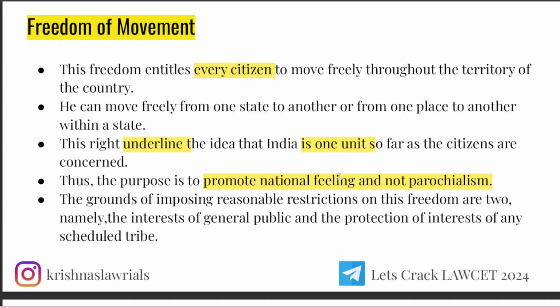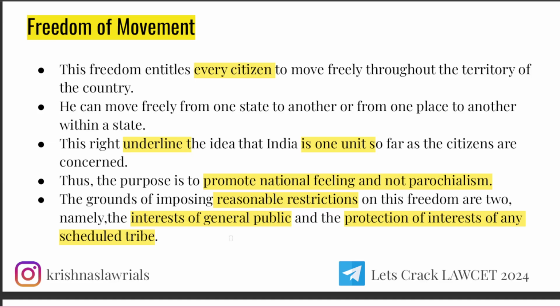The grounds of imposing restrictions on the right to freedom of movement are, one, the interest of the general public, and the other is the protection of the interest of any scheduled tribe. In our India, every area, every state has its own scheduled tribes, in forests, a place where no one mostly visits.